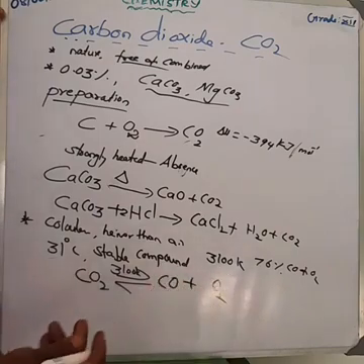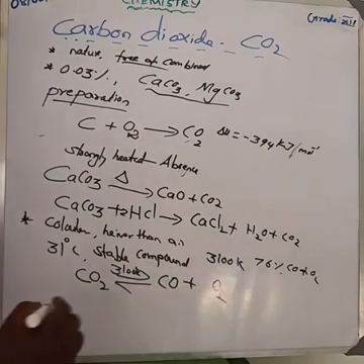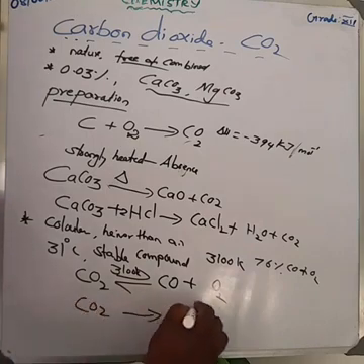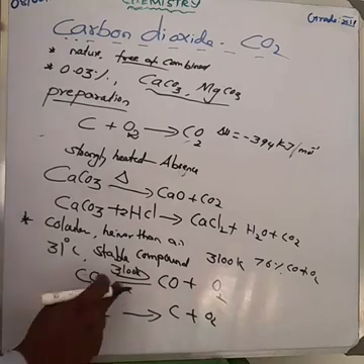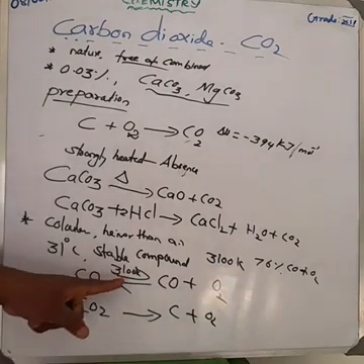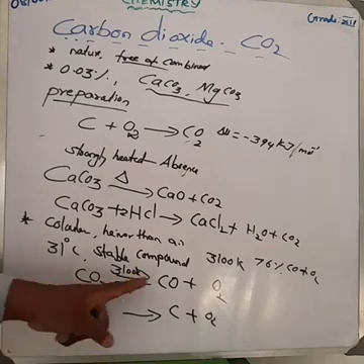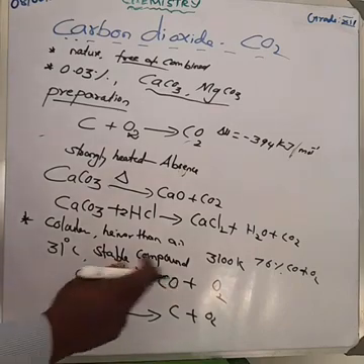Am I right? And at still higher temperature, the remainder decomposes into carbon and oxygen. How to write the equation? Carbon dioxide on heating at 3100 Kelvin gives carbon monoxide plus oxygen.